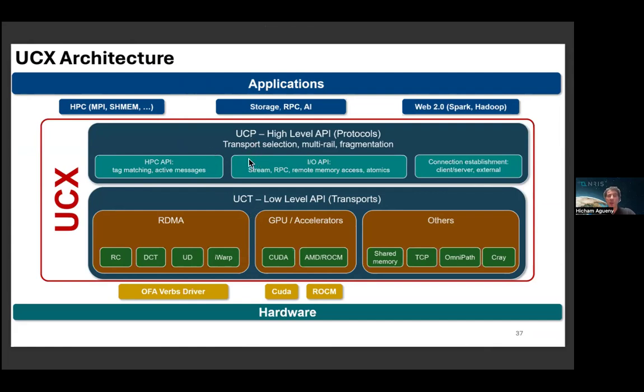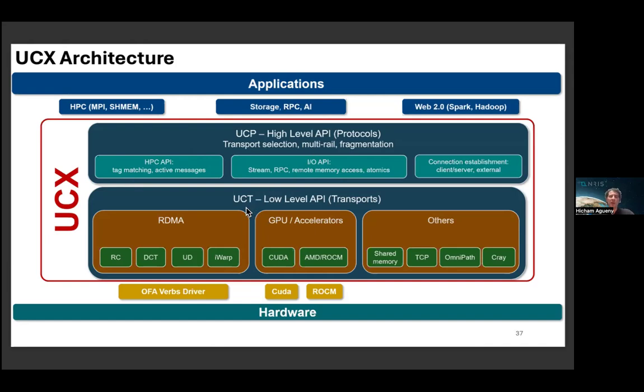If you look at the protocol layer, it's somewhat similar to libfabric, because you have tag matching, atomics, and remote memory access. So the same functionality. This is a high-level API.